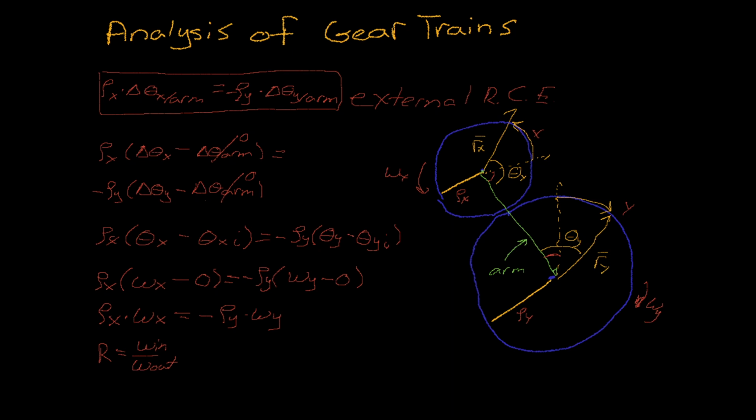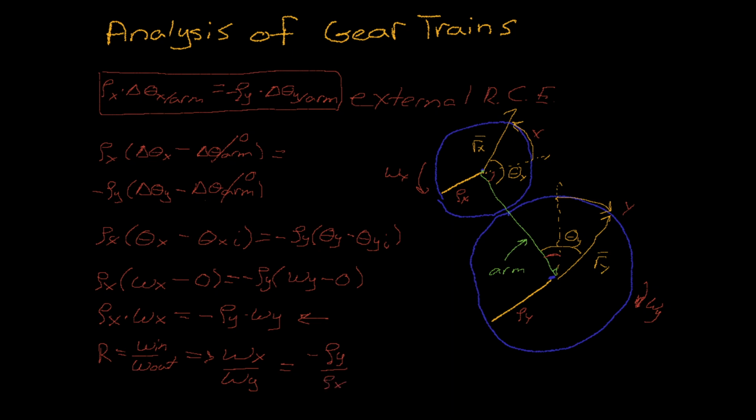Then solving this equation for the gear ratio would give us omega x over omega y is equal to minus rho y over rho x.